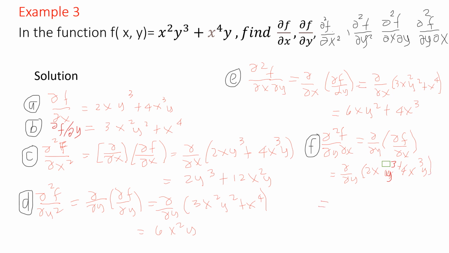So it equals 6x y squared plus 4x cubed.